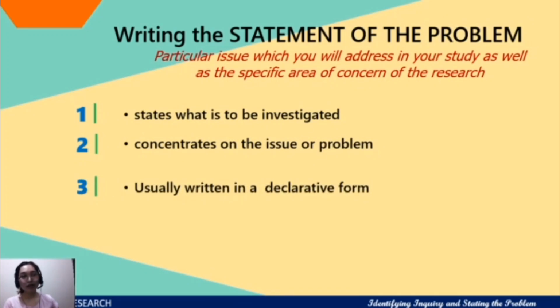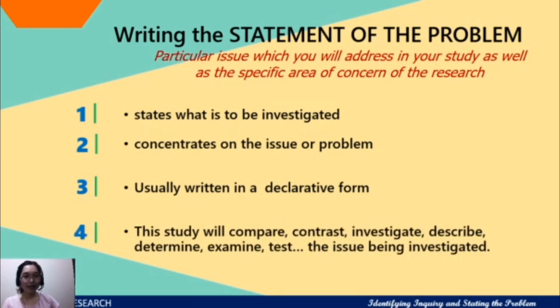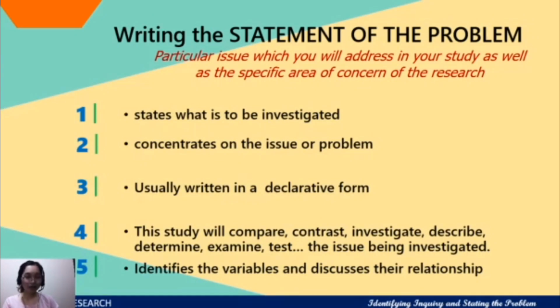It is usually written in a declarative form. These are the phrases that you will see in the statement of the problem: this study will compare, contrast, investigate, describe, determine, examine, test, etc. the issue being investigated. And as I've said, it identifies the variables and discusses their relationship.